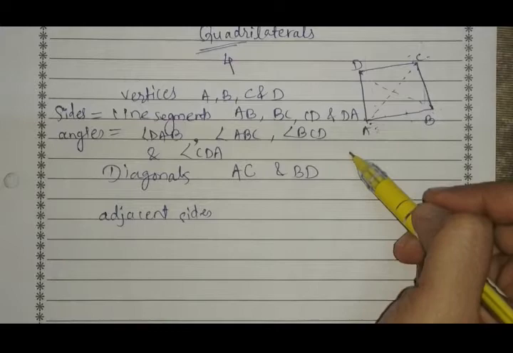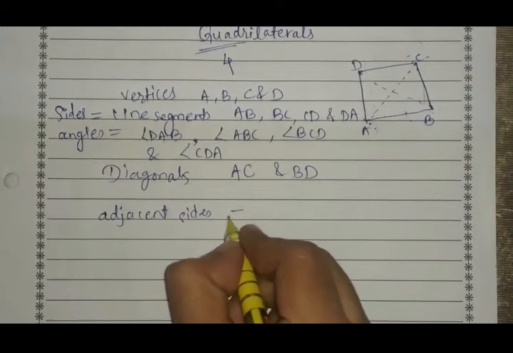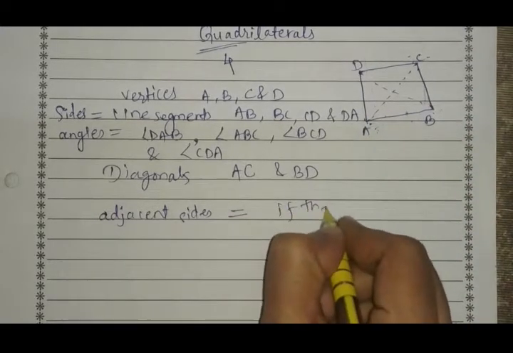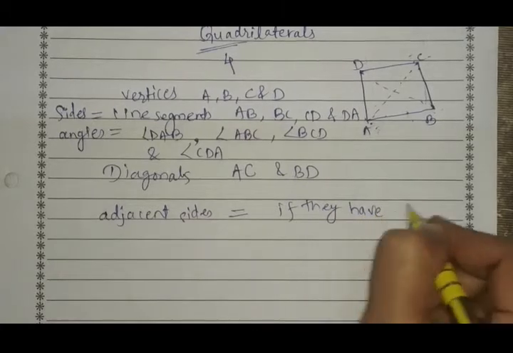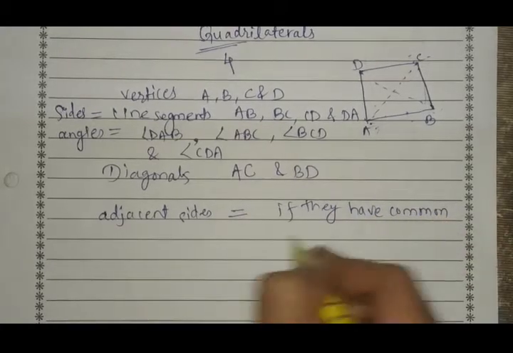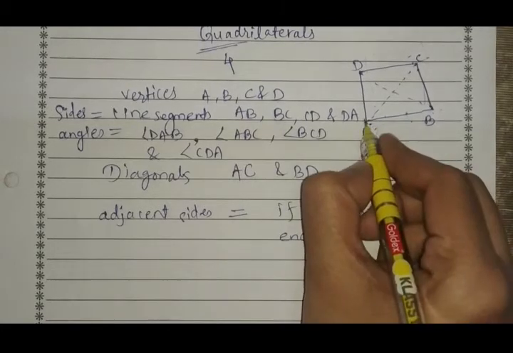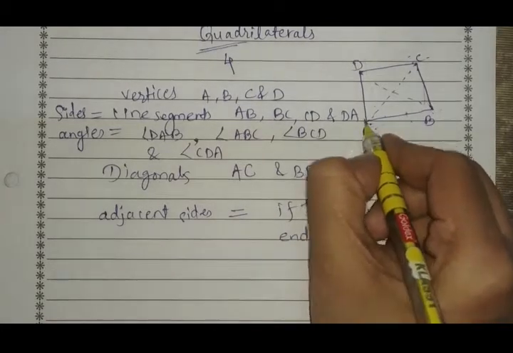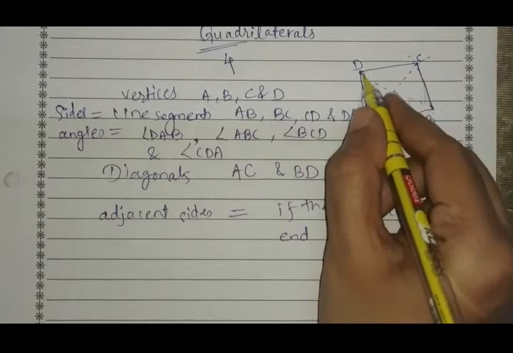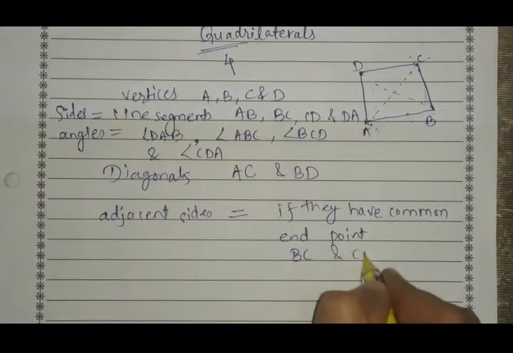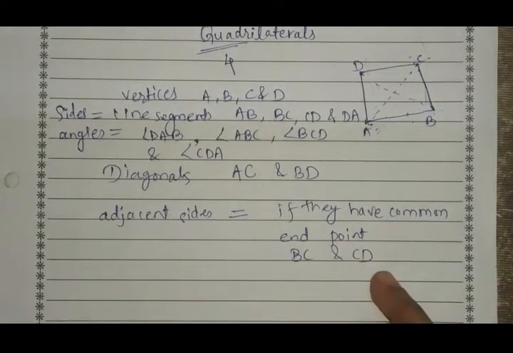So two sides of a quadrilateral are said to be adjacent if they have a common end point. For example, BC and CD are two adjacent sides.